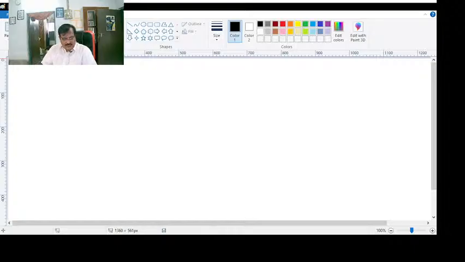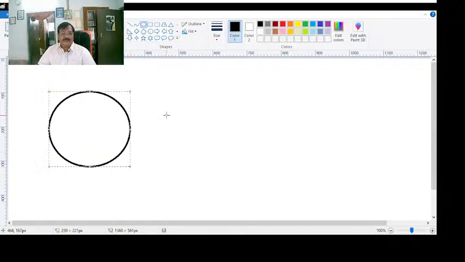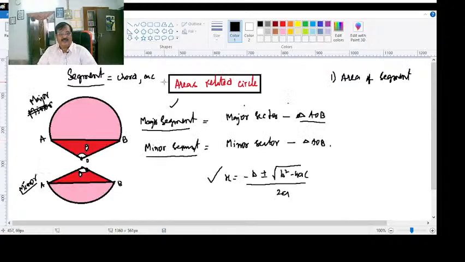Okay, so now I'll come back to my lesson. Now I am working on area of the segment. Okay, so area of the segment I have to draw. So segment is this. So major segment is major sector minus AOB, this color.